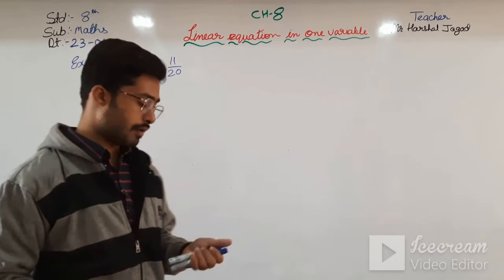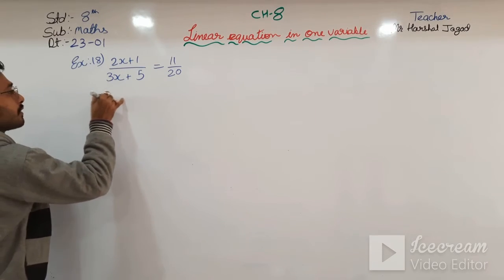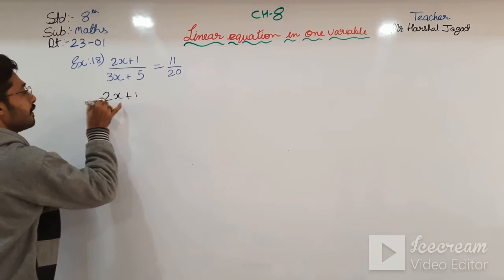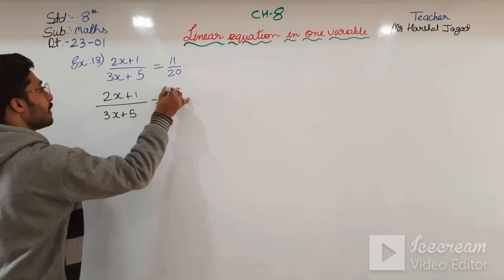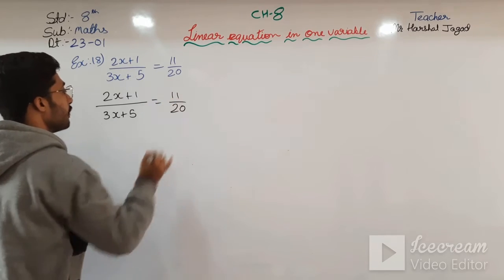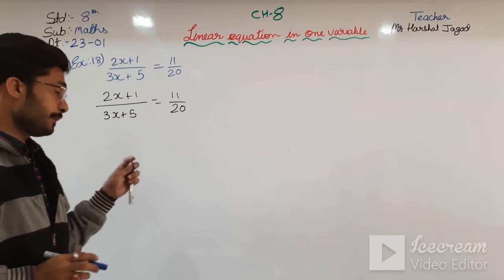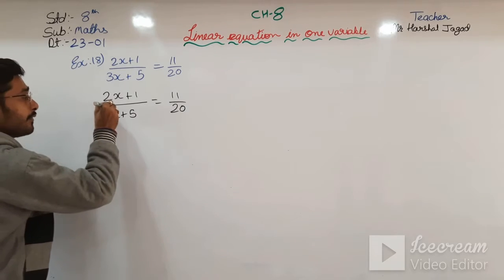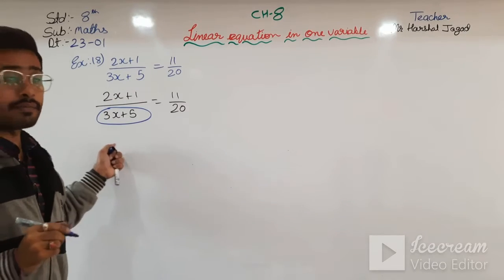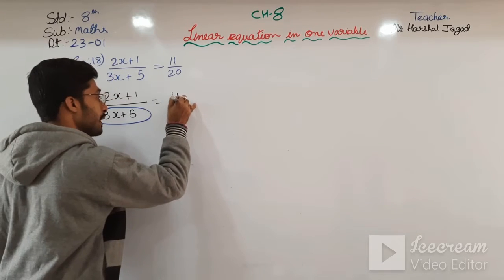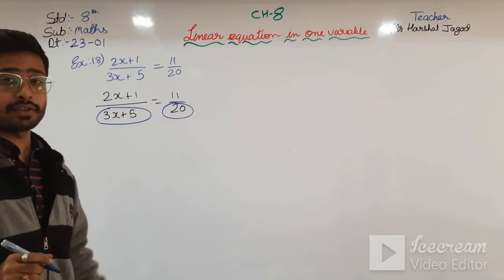So how will we solve it? First of all, I am telling you, you can see this is (2x + 1) upon (3x + 5) is equal to 11 upon 20, which is given. Both of these are in the division part.